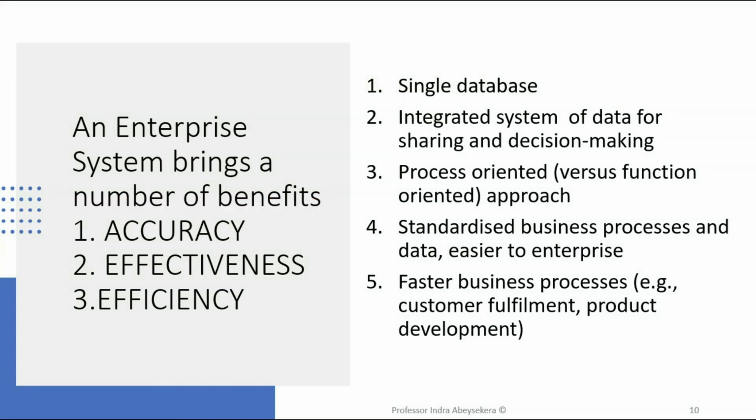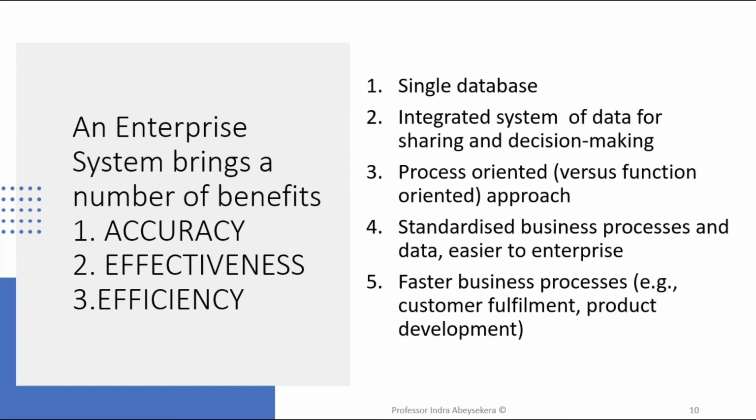It makes the data and information effective, and it makes the activities and the processes efficient. How does it bring these benefits: accuracy, effectiveness, and efficiency? There are five ways it does it.